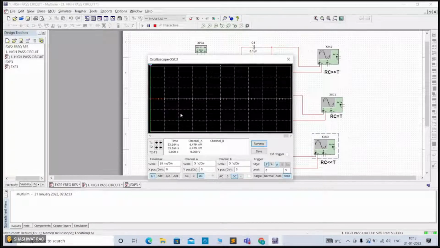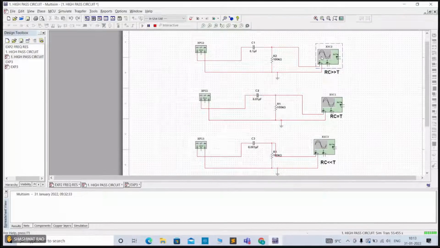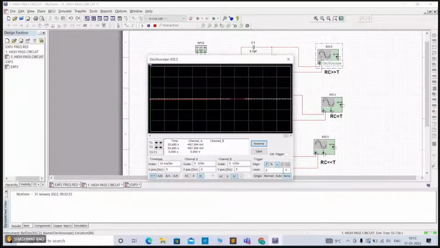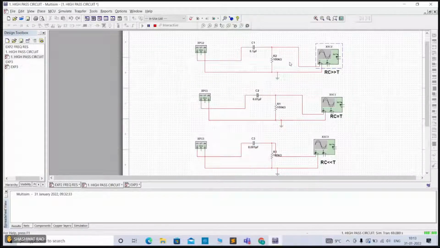Ma'am, I showed you for RC greater than T. You have earlier shown me only experiment number 1. Yes, ma'am. I have shown you experiment number 1, now experiment number 3, and now I am showing you number 2. Okay.